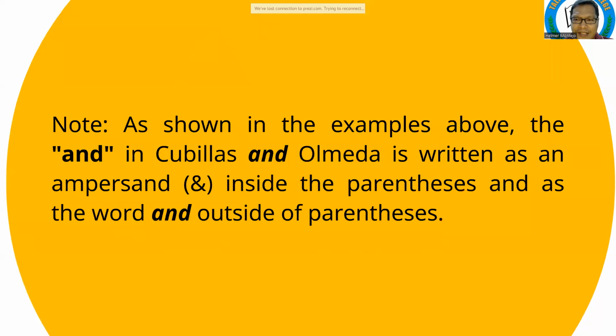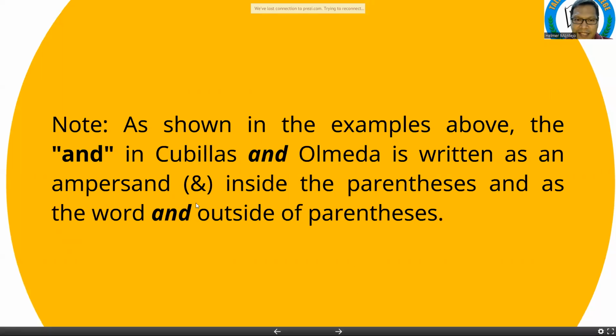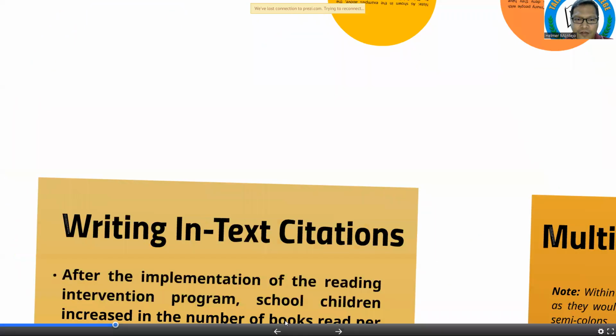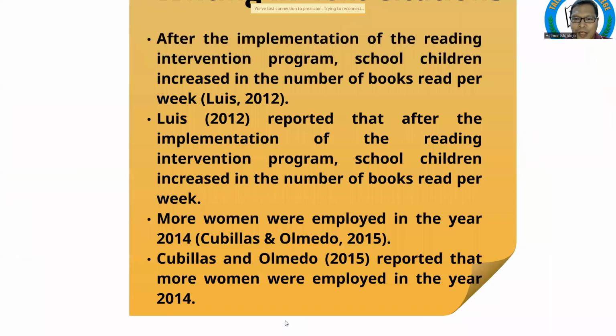As shown in the examples, the "and" in Cobillas and Olmedo is written as an ampersand inside the parentheses, and as the word "and" outside of parentheses. Now this is an ampersand. Again, let us review examples 3 and 4. More women were employed in the year 2014 (Cobillas & Olmedo, 2015).